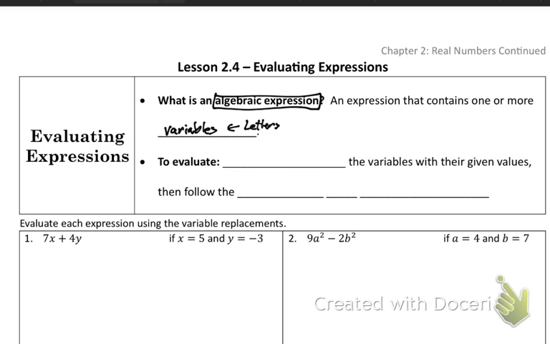All right. To evaluate the ones we're doing today, we're going to substitute the variables with the given values. Then follow the order of operations.